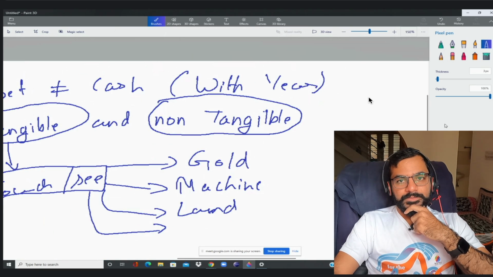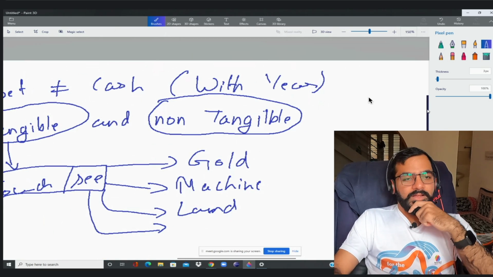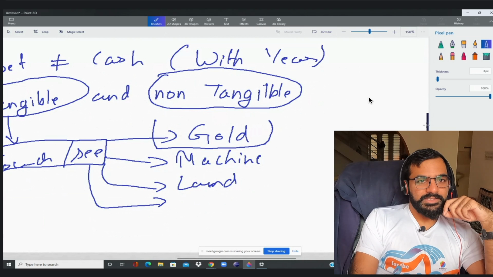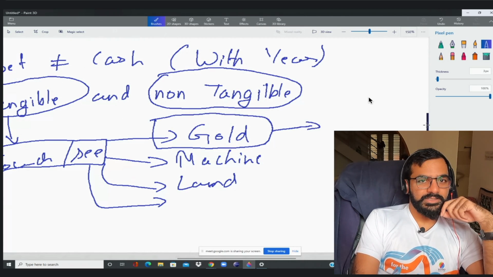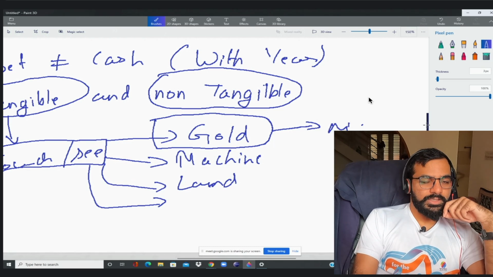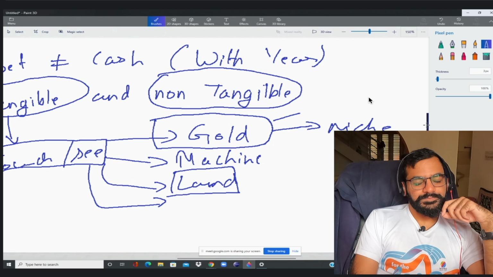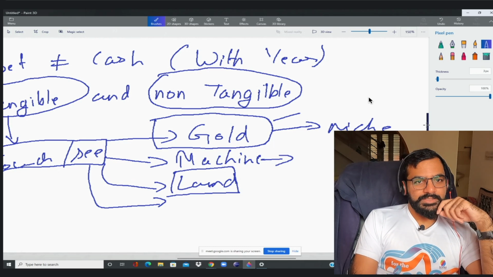So here, gold, usually companies do not have gold as assets majorly, unless they are financing companies or some other niche ones. So gold and land will come a little later. We will come to something called machines.